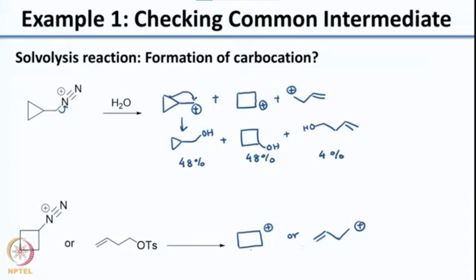All of you know that a primary carbocation is the least stable compared to the secondary and tertiary carbocation. So the secondary carbocation is more stable, so it can migrate to this carbon atom to give the secondary carbocation. So this is also a possibility for the intermediate. Then the third possibility is a type of hyperconjugation we have discussed.